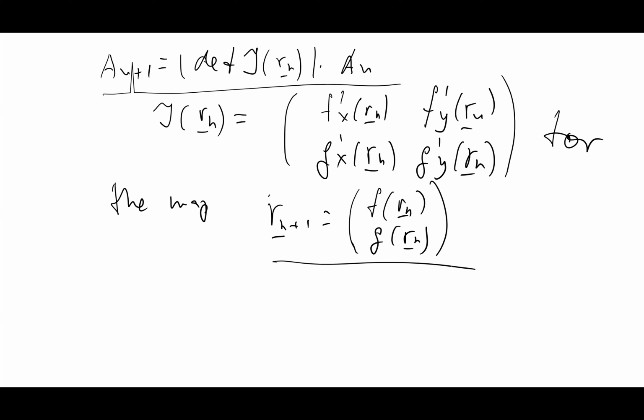To prove this, people use two approaches. One approach is to consider the change of area of a parallelogram. Let's say this is Rn, and we consider a rectangular shape here.